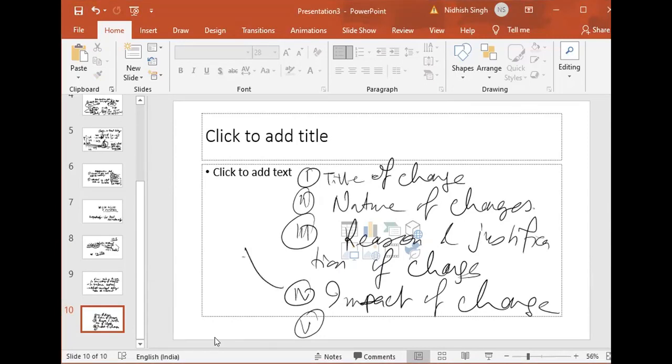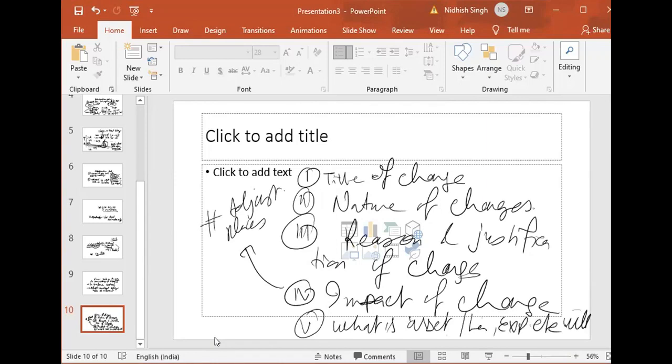So when I say impact, sometimes the question is, what could be the impact? It is the number, the adjustments, and places where the change will be applicable. And finally, we also need to talk about what assets or liabilities or expenses, etc., will be impacted as well.